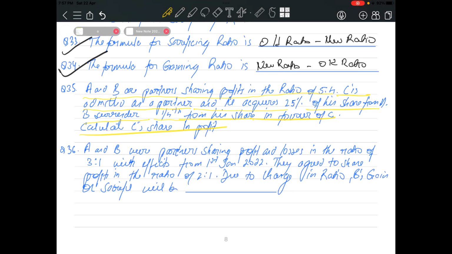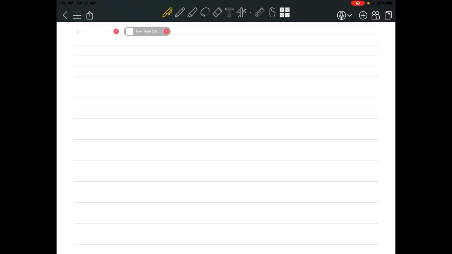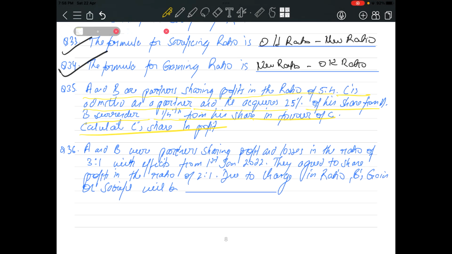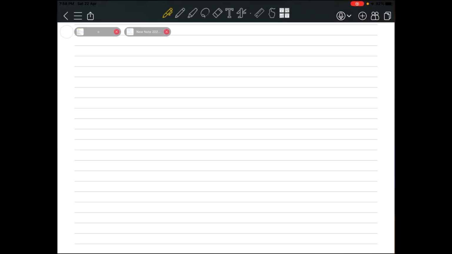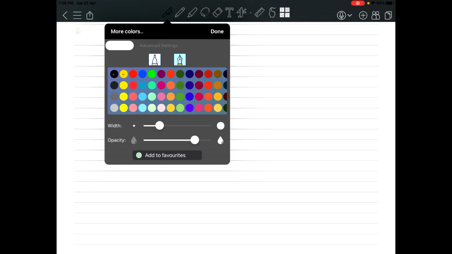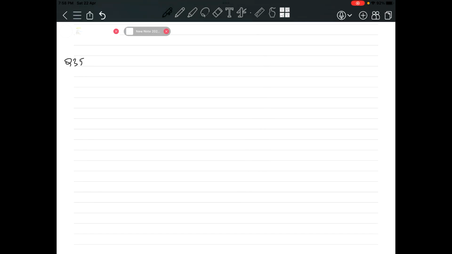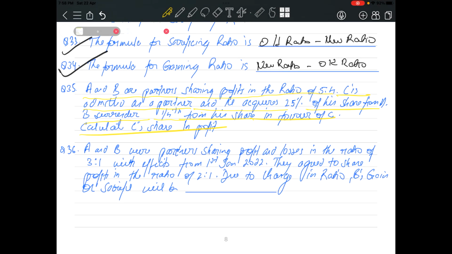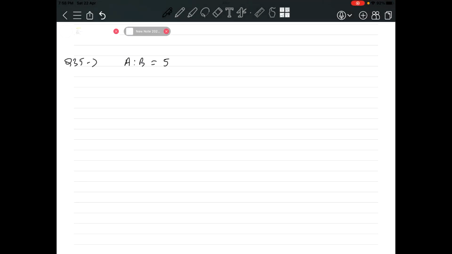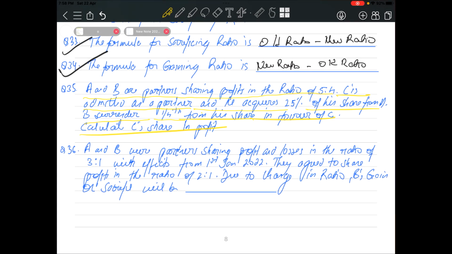So now A and B are partners sharing profits in the ratio of 5:4. We are doing question number 35. C is admitted for how much share?